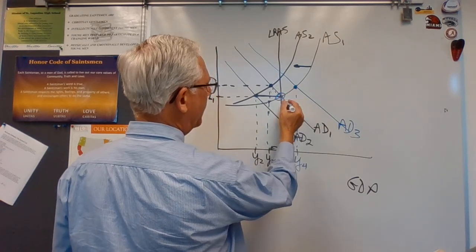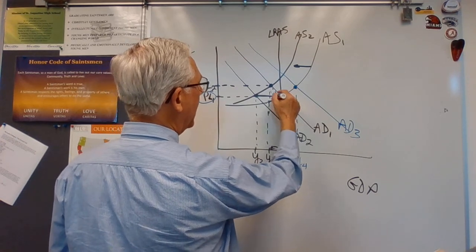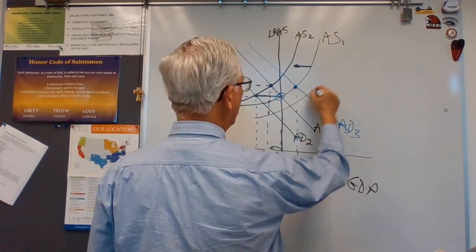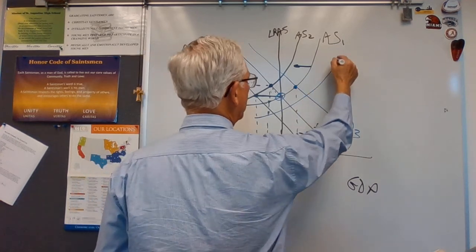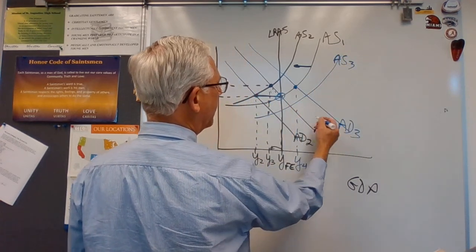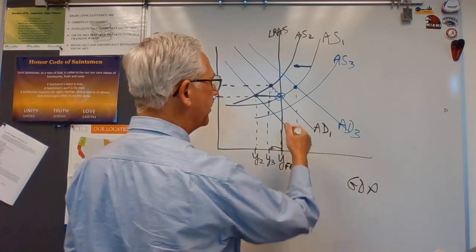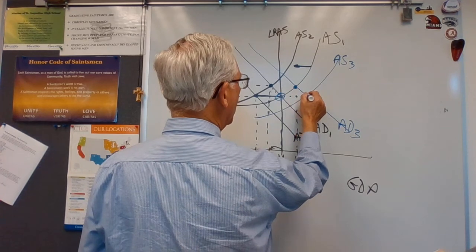Let's say we started off at this point right here, PL1, we were right here at equilibrium. Aggregate supply increased because of productivity growth to aggregate supply 3. Aggregate demand shifted to the right because of strong income growth and people spending a lot more.